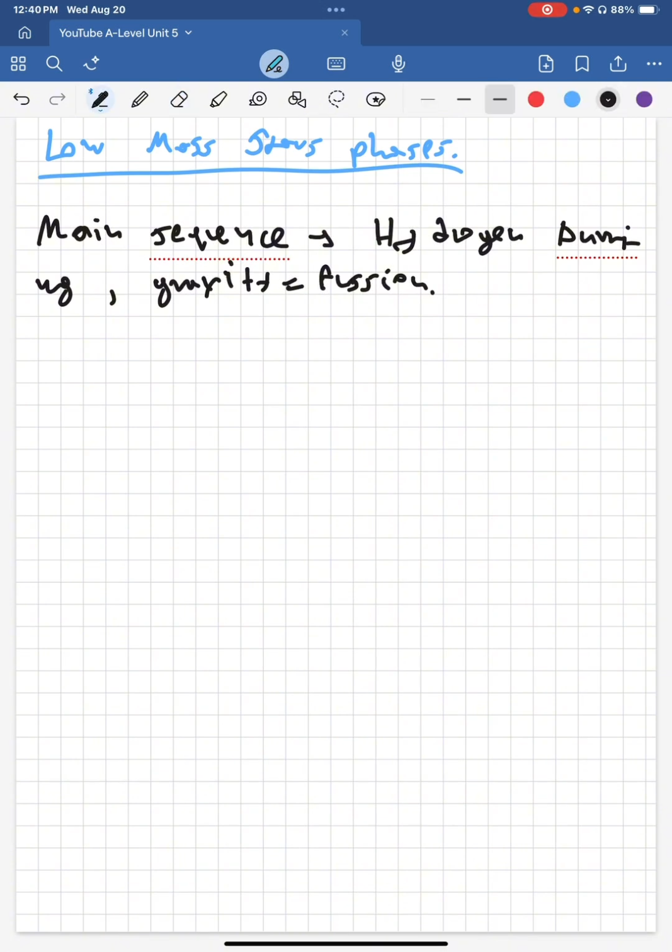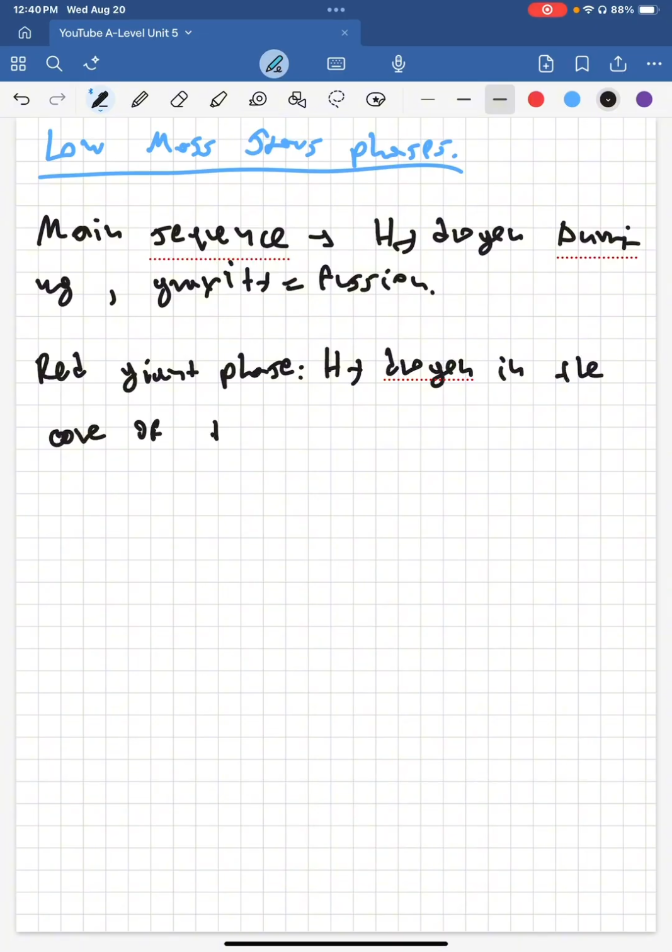Okay, once hydrogen runs out, a low mass star in the main sequence enters its red giant phase. In this phase, hydrogen in the core, so in the center, pretty much, in the core of the star, runs out.